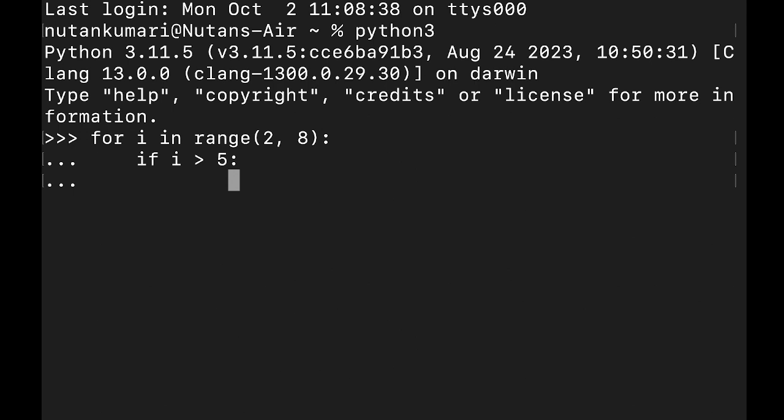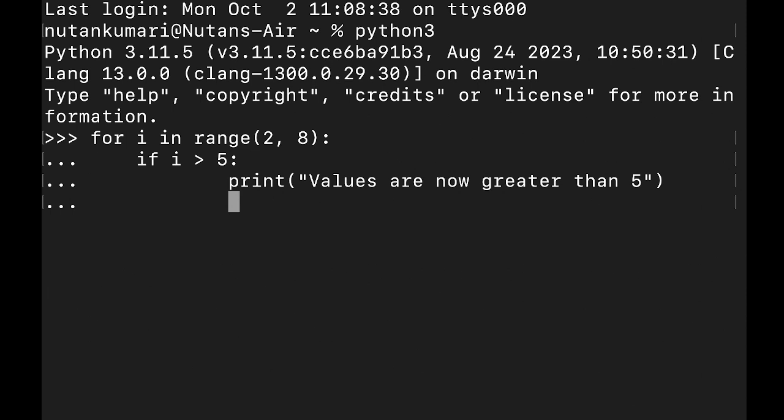In that case, print that values are now greater than 5, and then break.